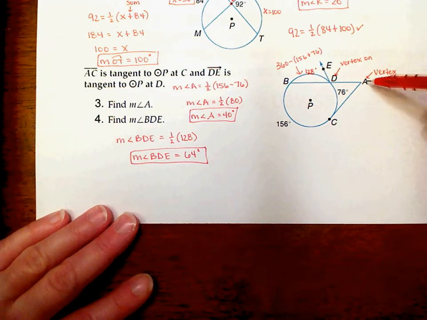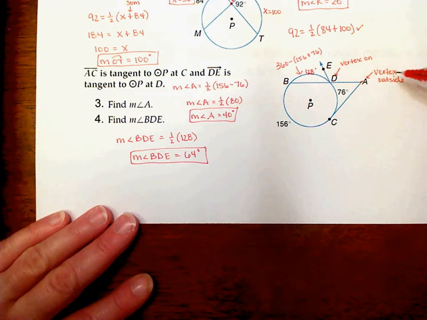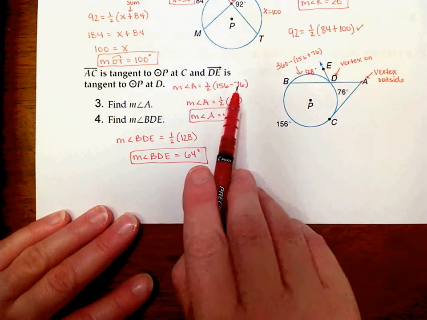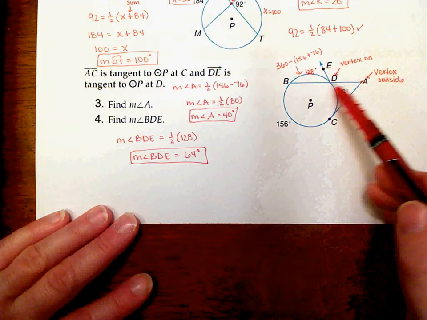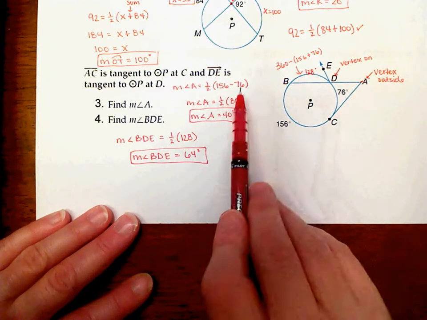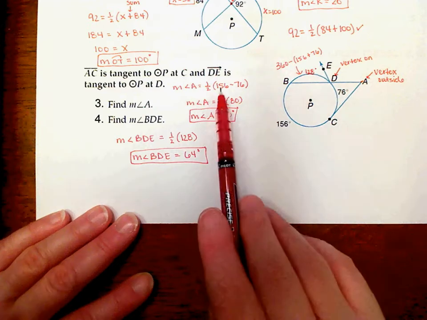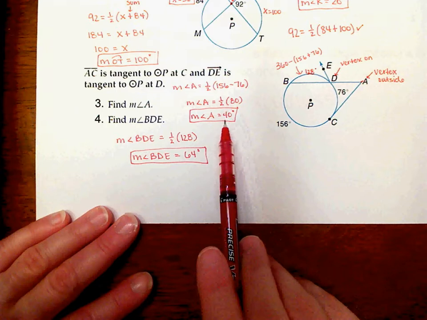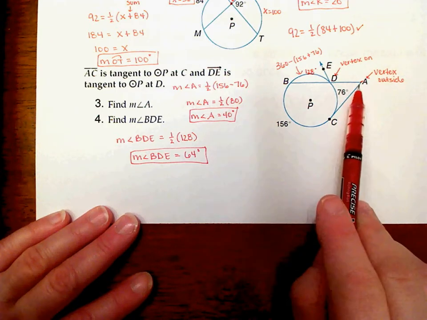So you know the measure of angle A is going to be half the difference of its two arcs. And you were given both of those arcs. Here's the big one at 156. Here's the small one, which is 76. 156 minus 76 is 80, and half of 80 is 40. So the measure of angle A is 40 degrees, half of the difference between those two arcs.